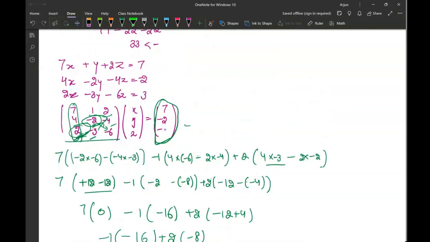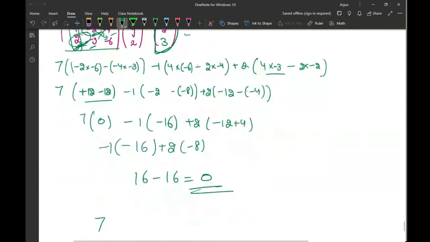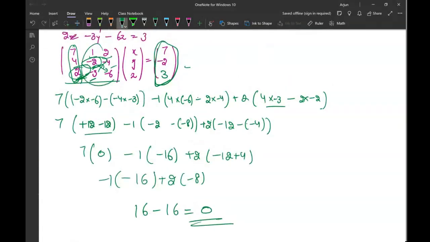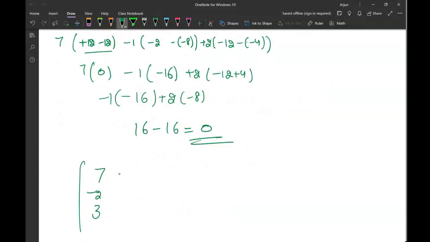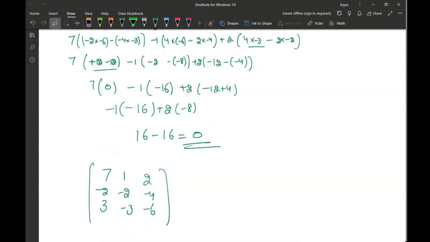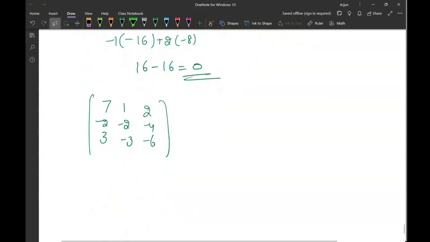I don't know why I ended up writing minus 2 here, so this is 3 down here. So 7, minus 2 and 3 in the first column, and these terms remain the same: 1, minus 2, minus 3, 2, minus 4, and minus 6. So these terms are the same. And now I want to find the determinant of this.